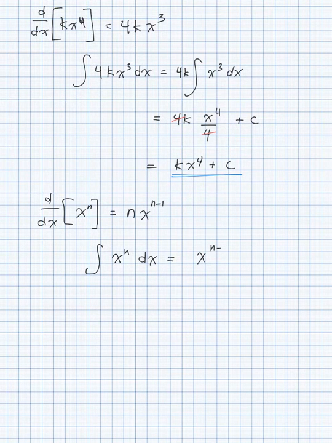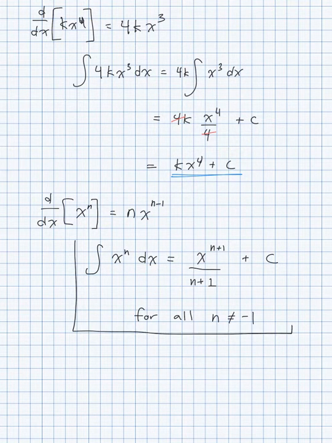We have x to the n plus 1 divided by n plus 1, plus our constant of integration. This is valid for all values of n, except we can't have a 0 in the denominator. So that means that n cannot equal negative 1. Later on we'll explore another method to deal with that case. But this is our general power rule for integration.